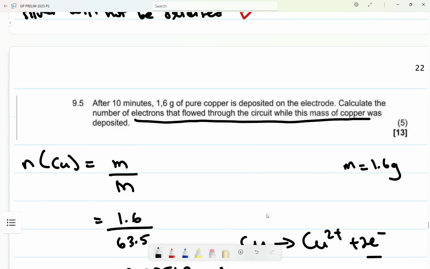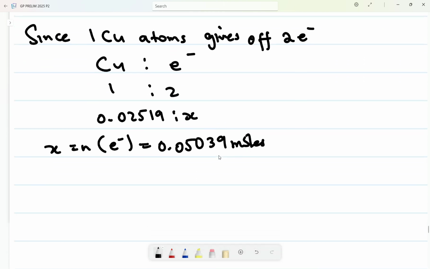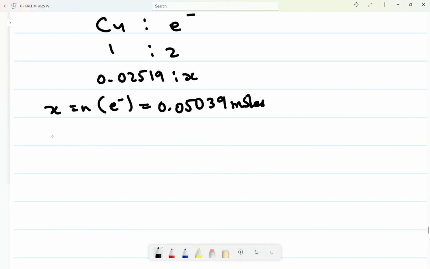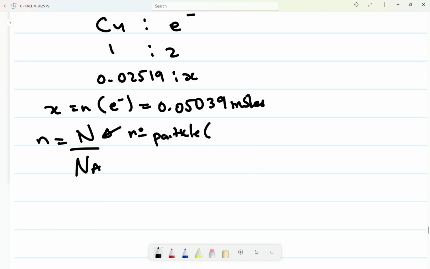And then I can get the number of electrons. How do I get the number of electrons? Well, n divided by Avogadro's constant, where n is the number of particles. And remember, particles include atoms, electrons, molecules, and all of that.